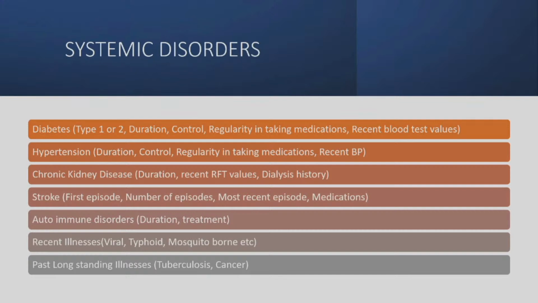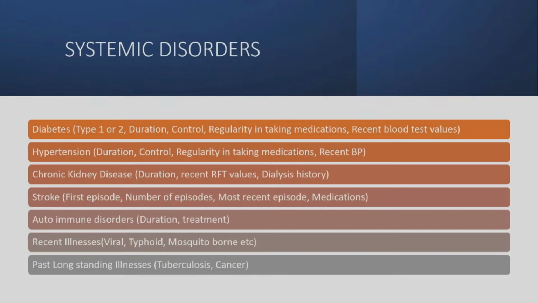And also stroke history. When it comes to stroke, you have to tell about the first episode. When did the first episode happen? 10 years ago, 12 years ago? The number of episodes, the most recent episode, and the medication he is on. A very important thing to keep in mind is, whenever you are dealing with a patient with stroke and you are planning an anti-VEGF injection, you should always be very wary, because some studies have said that a patient with stroke has an increased risk of a second stroke if you inject anti-VEGF.